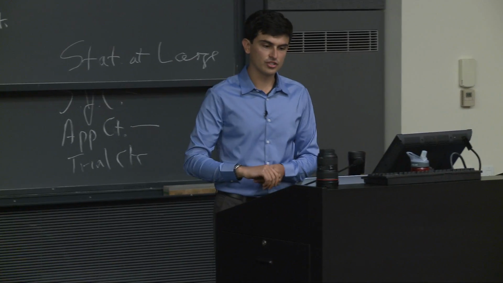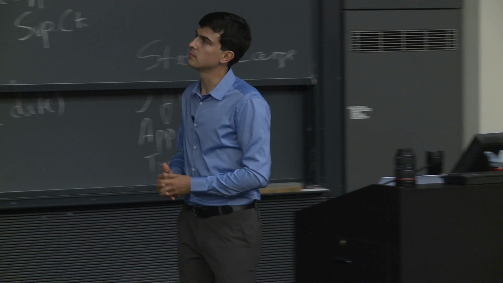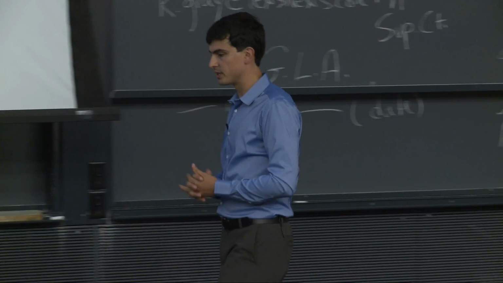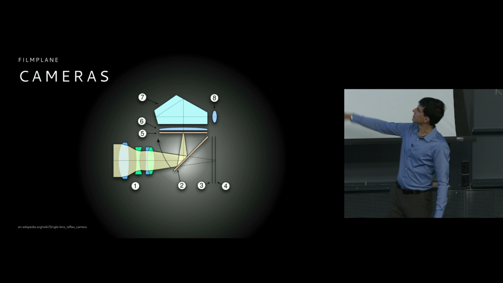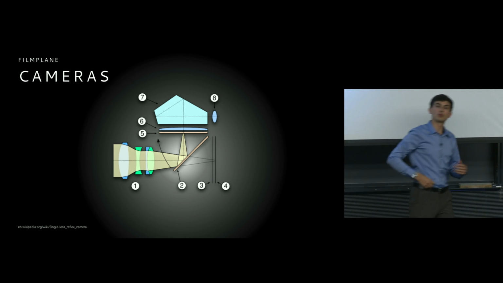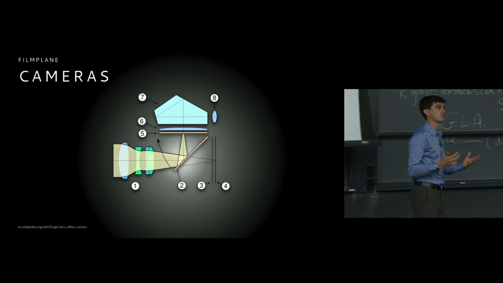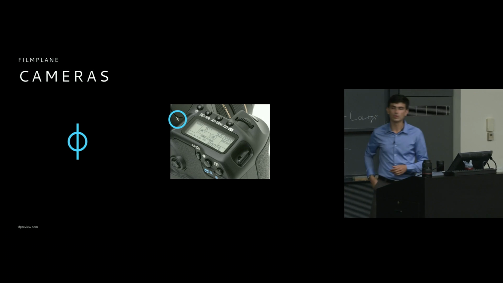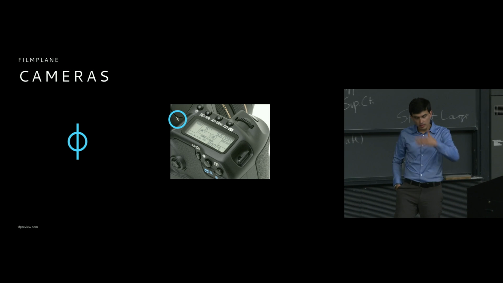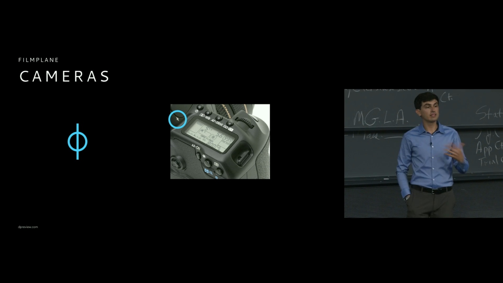Now, there's another feature of this that's pretty important, and we'll refer to it a few times over the course of this class, and that is number 4. We talked about number 4, which was the location of the sensor itself, the location of the film itself. Many cameras actually tell you where that plane is in the camera.